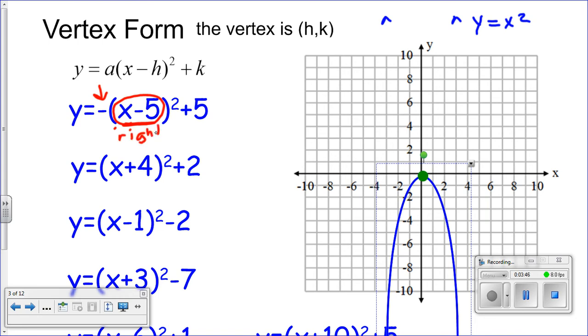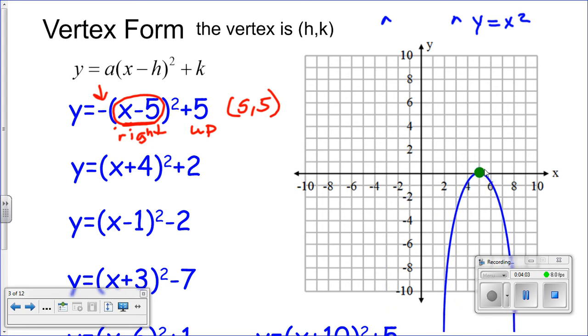So I'm going to take the whole thing and move it right 5, and when you do a plus 5 on the outside, that means up 5. Therefore, your vertex is 5, comma, 5. And if we take a look, I'm going to take this right here, and I'm going to go right 5, and then I'm going to go up 5. Boom. There's your parabola.